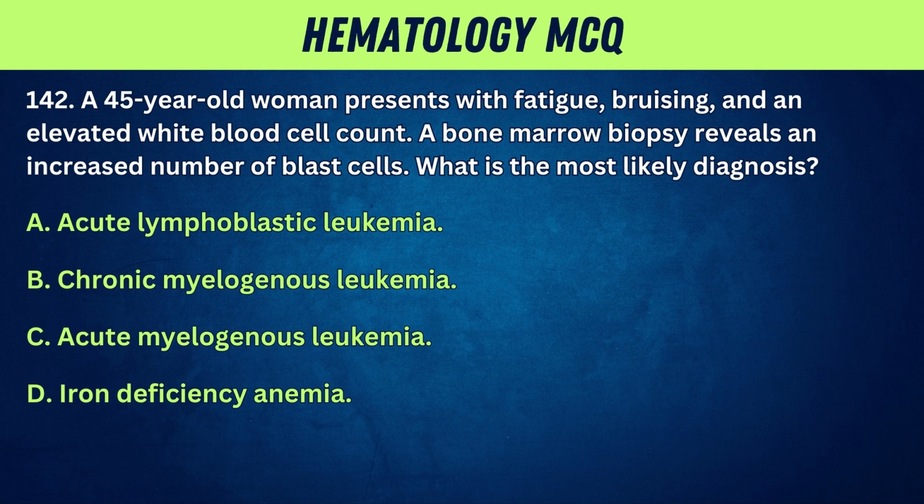142. A 45-year-old woman presents with fatigue, bruising, and an elevated white blood cell count. A bone marrow biopsy reveals an increased number of blast cells. What is the most likely diagnosis? A. Acute lymphoblastic leukemia. B. Chronic myelogenous leukemia. C. Acute myelogenous leukemia. D. Iron deficiency anemia.